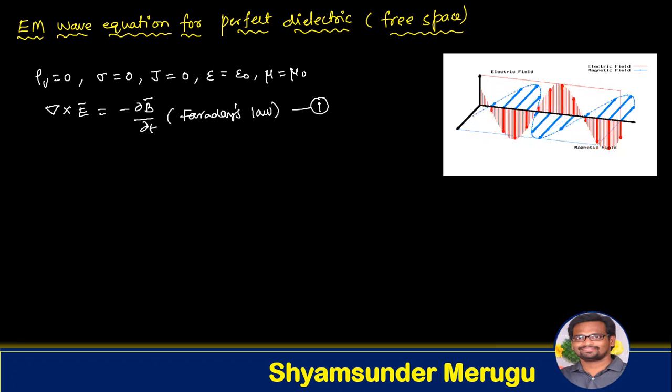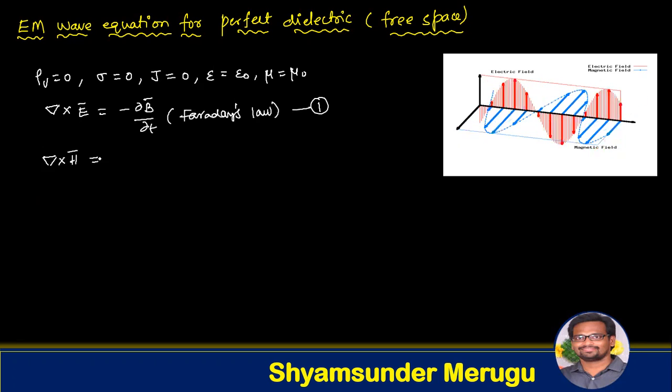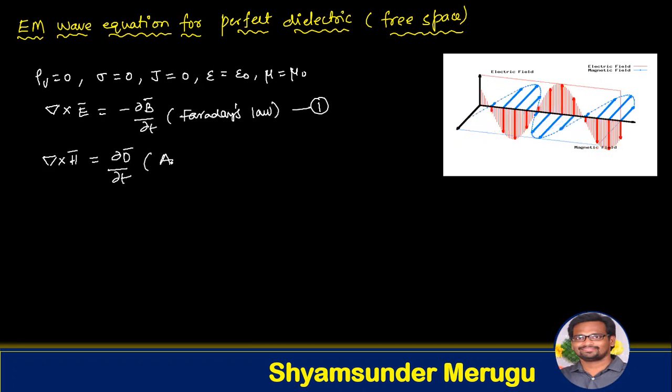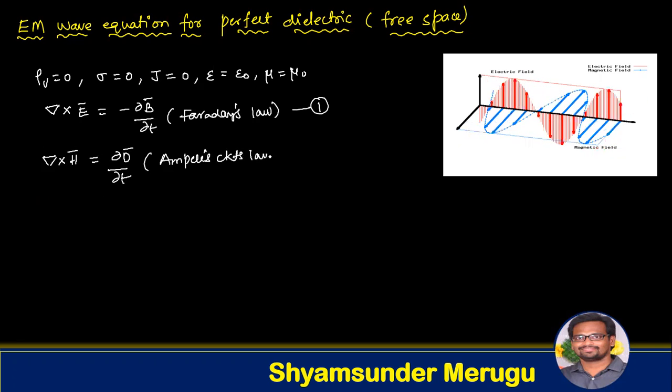Let us consider this one as equation 1. Del cross H bar is equal to dou D bar over dou t, and it is derived from Ampere's circuital law. Let us consider this one as equation 2.